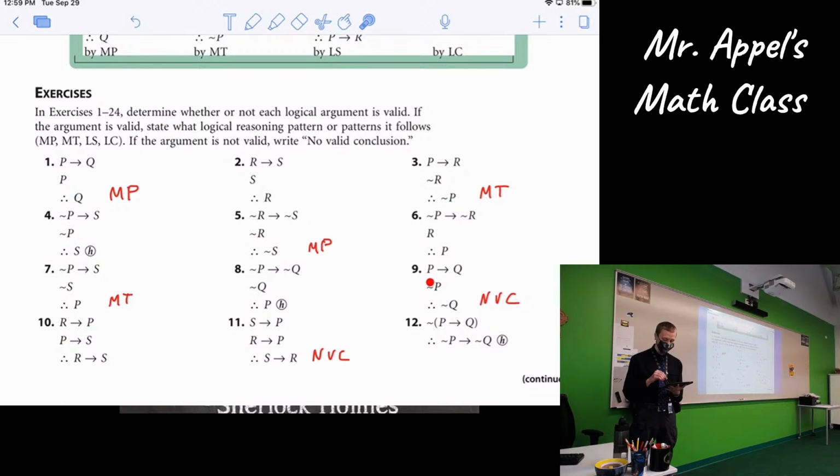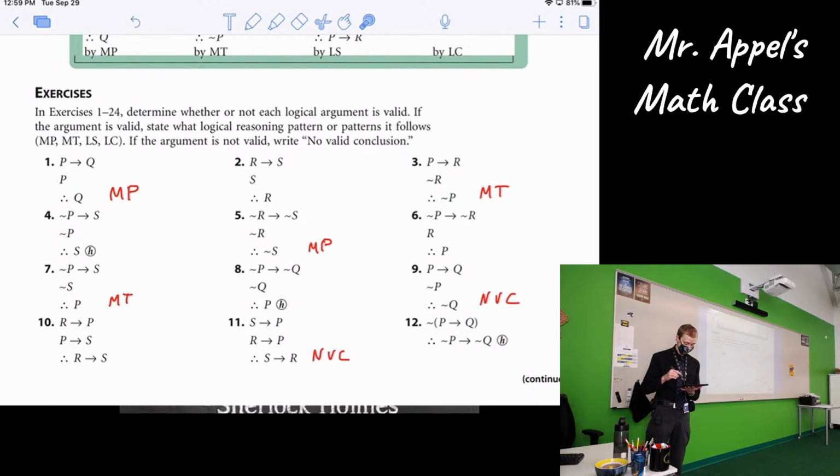Number 9, we've negated the hypothesis here. That tells us nothing. This is not valid. No valid conclusion. I've gone ahead and abbreviated there. I don't know why they abbreviate the rest of the laws, but not no valid conclusion. You got me on that one. And then number 11, if S then P, if R then P, they share the conclusion.